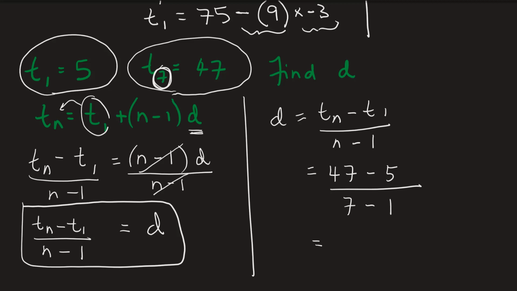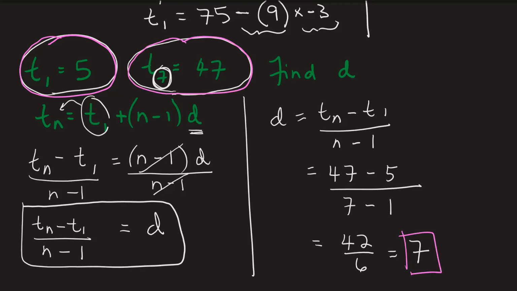This is equal to 42 over 6, and that is equal to 7. So the common difference of a sequence where the first term is 5 and the seventh term is 47 is 7. Great, let's keep going.